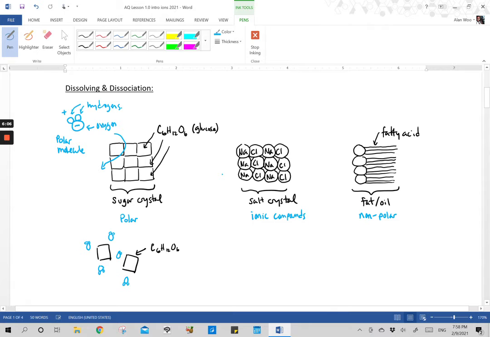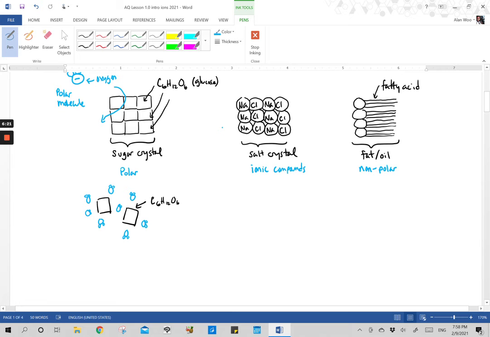I'm just drawing them quickly here. There's no specific orientation to their atoms, but we do have glucose molecules being surrounded by water. If they are surrounded by water, you technically have a dissolved substance.